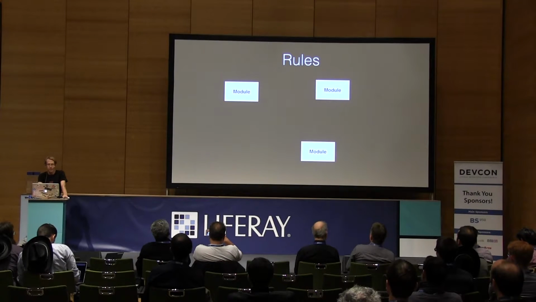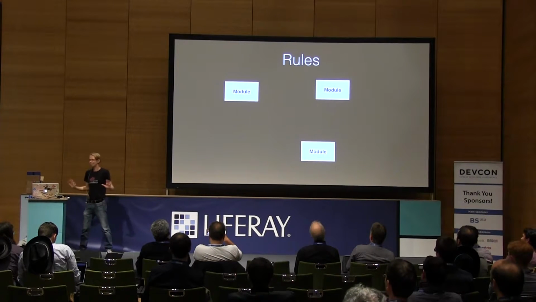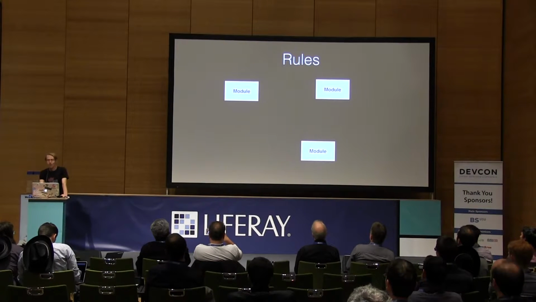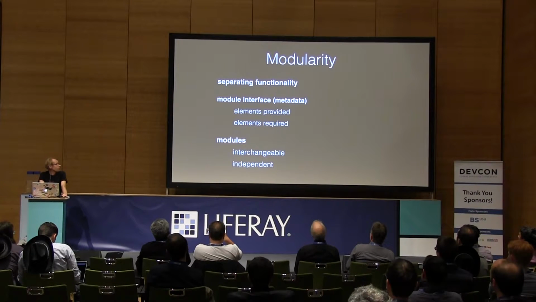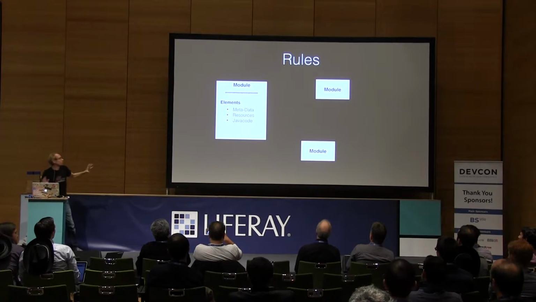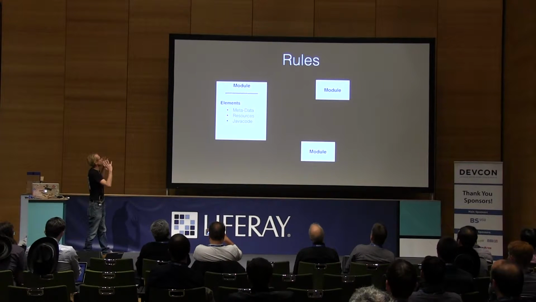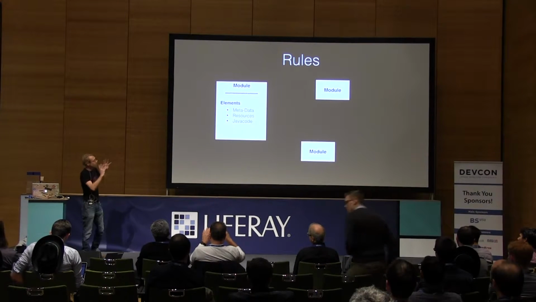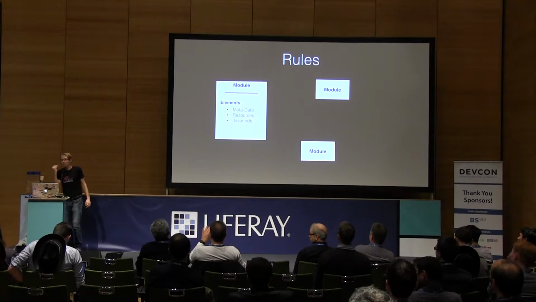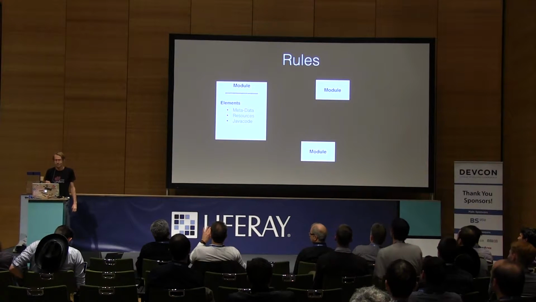We have modules. I painted 3 modules up there. Now let's check our excerpt. We have separating functionality. Yeah, that's true, since every one of these modules has a distinct functionality. Every one of these modules is used for a special case, for a special calculation, for instance.